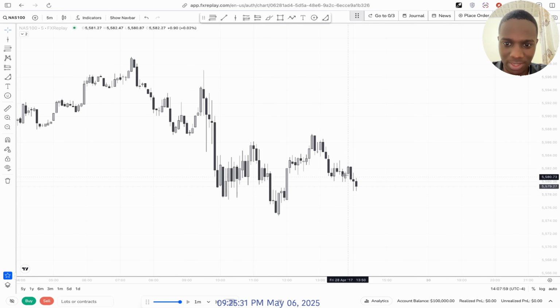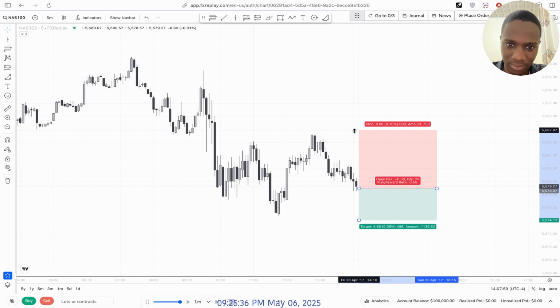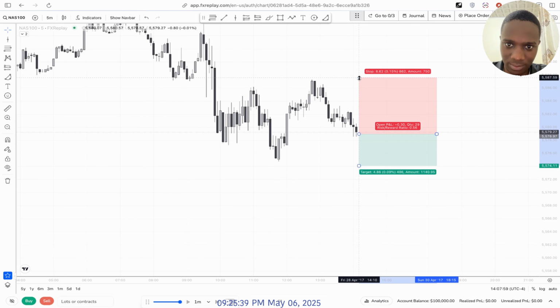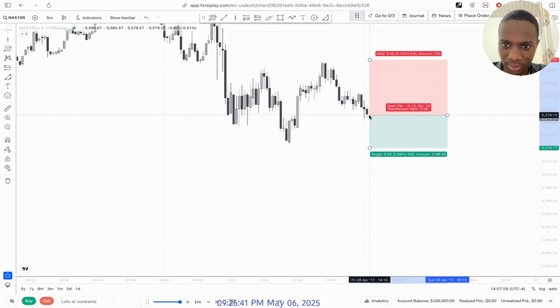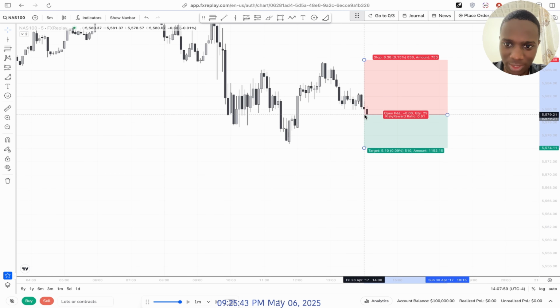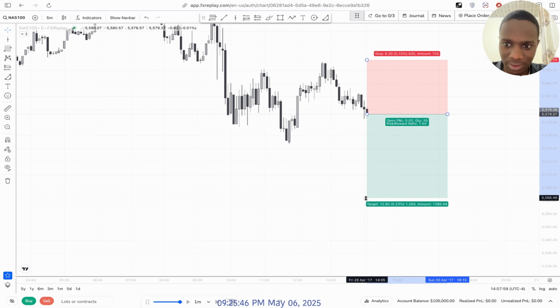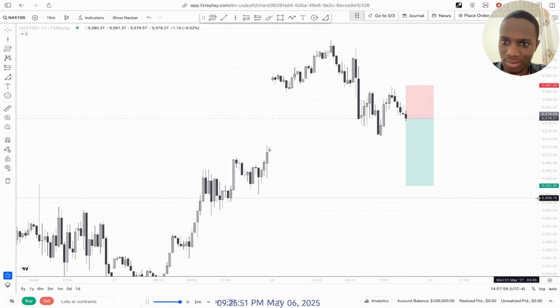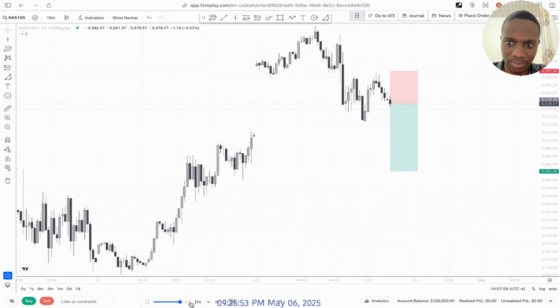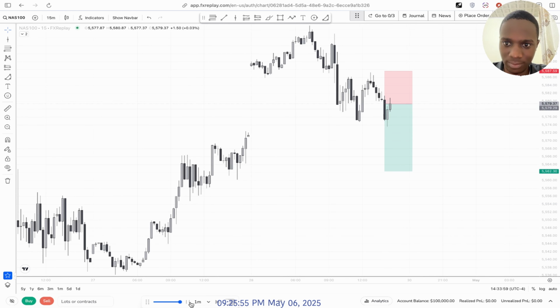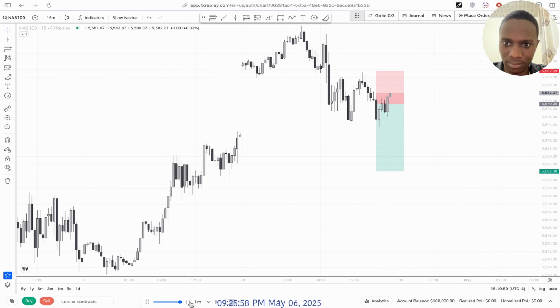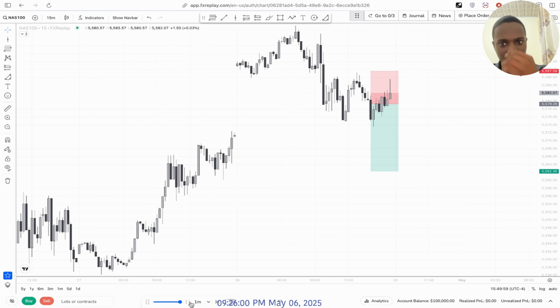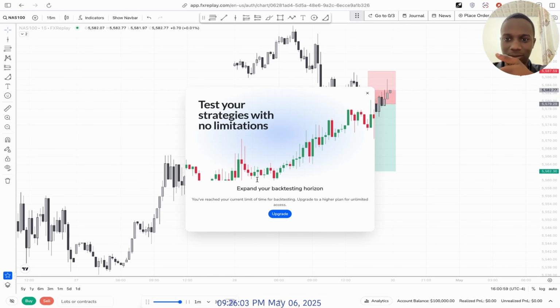A fair value gap has been tested, so we can sell. Right here, would have entered right here if you saw it, but let's enter right here, no worries. It's gonna go a bit lower. We can take it at 2R. Come on, at least you would have let me be stopped out before.